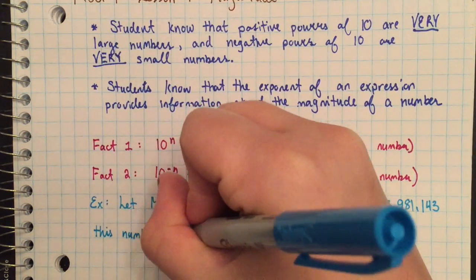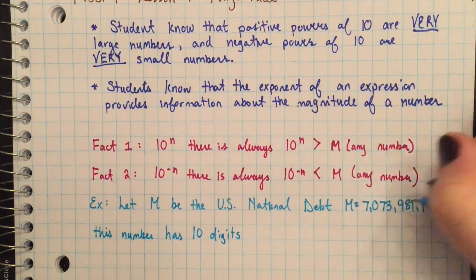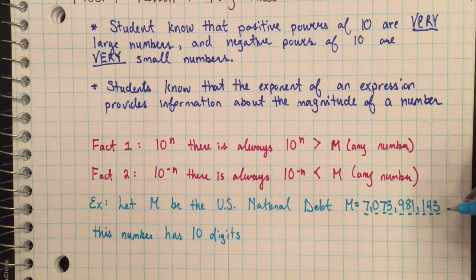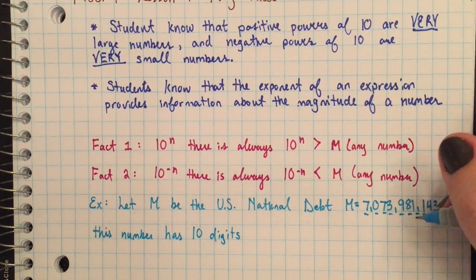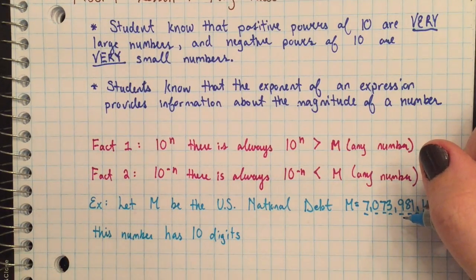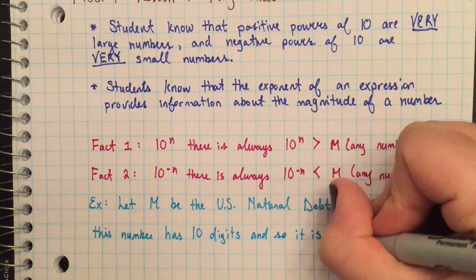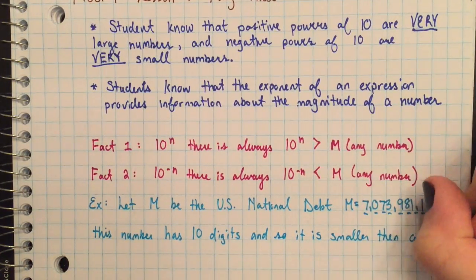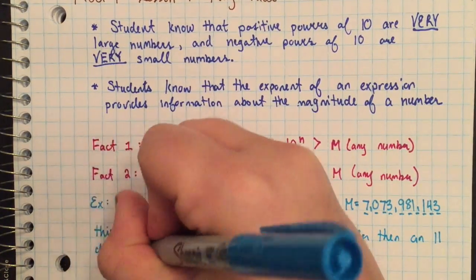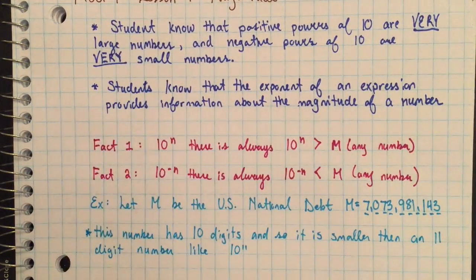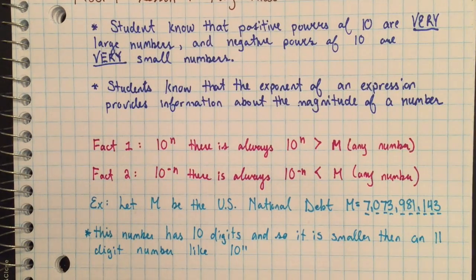Now that number has 10 digits. 1, 2, 3, 4, 5, 6, 7, 8, 9, 10. And so I know that it's smaller than an 11-digit number, like 10 to the 11th power.